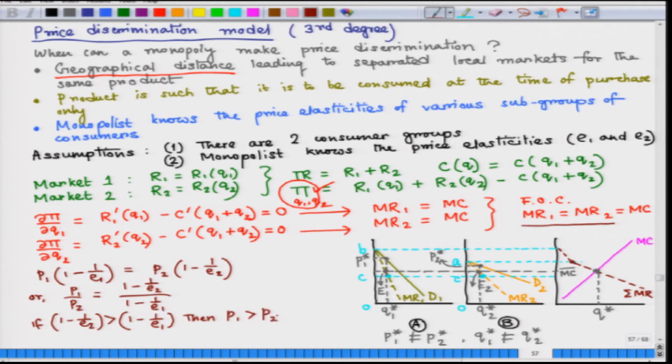Okay. So, that means that E2 has to be greater than E1. Okay. So, note that here the elasticity is the way I have written. I did not write the modulus sign, but actually I am talking about the absolute value of the elasticity.